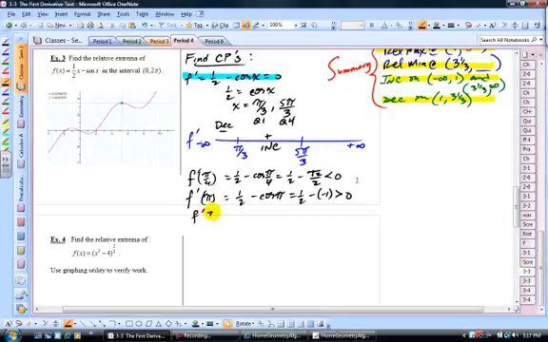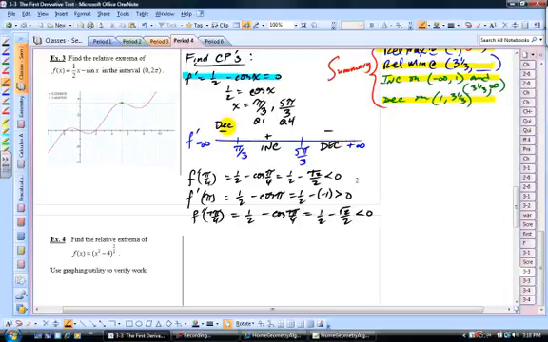So f prime of 7/4 pi would be 1/2 minus cosine of 7/4 pi. Cosine is positive in quadrant 4, so it's going to be 1/2 minus root 2 over 2 again, and that's negative. So it's decreasing on that interval.